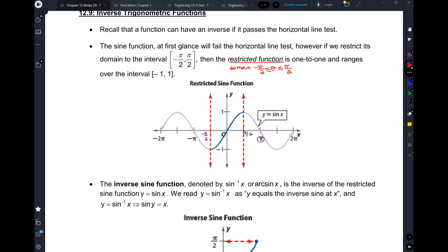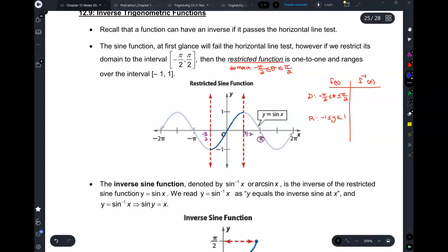Is that right? Okay, so now here we're going to have f of x and f inverse of x. So what's going to happen is the domain of f of x is going to go from negative pi over 2 to pi over 2, and the range of f of x is going to go from negative 1 to 1, right?